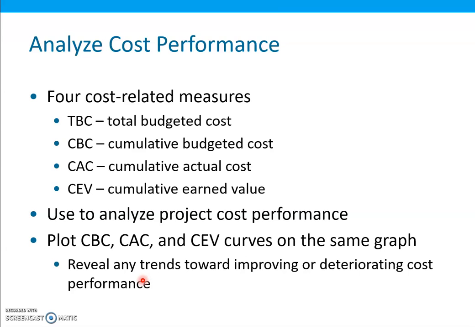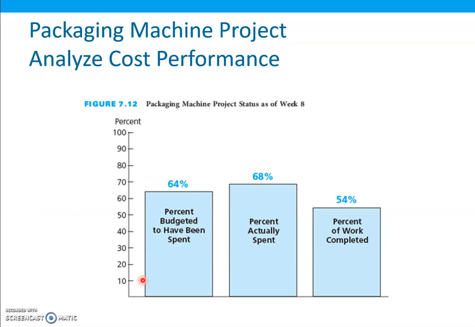In the packaging machine project that we have seen before, the percentage budgeted to have been spent is 64%, percent actually spent is 68%, and percent of work complete is 64%.